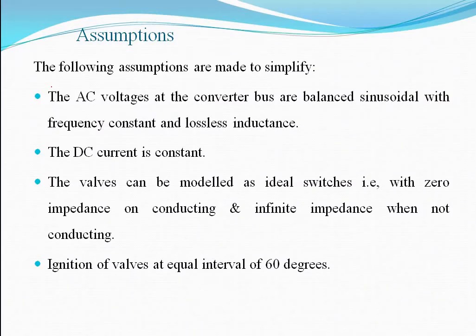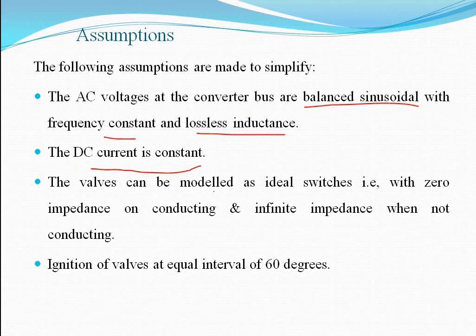And there are certain assumptions to follow in this fully controlled 6-pulse converter. The AC voltages at the converter bus are balanced sinusoidal with constant frequency and lossless inductance. The DC voltage and the DC current are assumed constant.